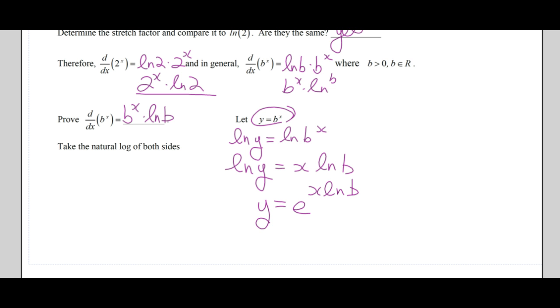So y is equal to e to the power of x ln b. And dy by dx, since I've solved for y here, is equal to e to the x ln b times ln b.